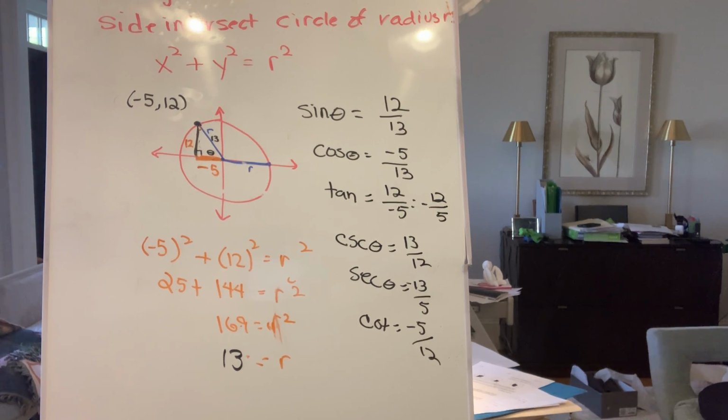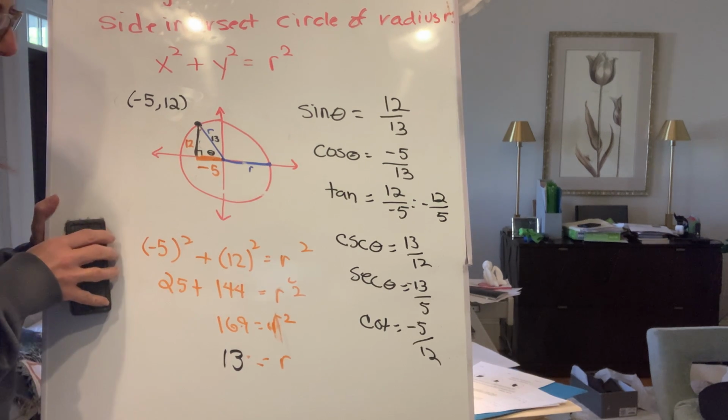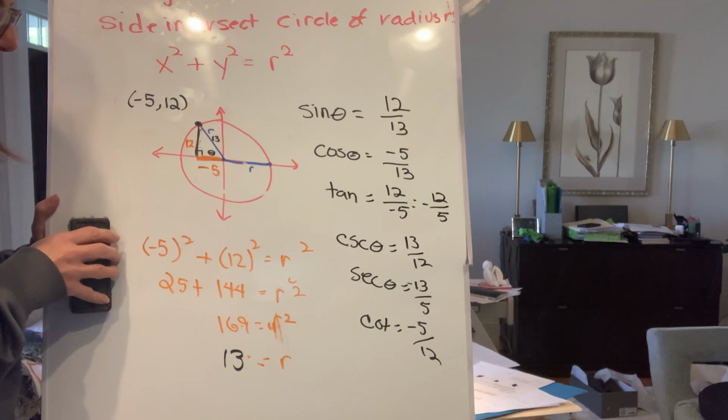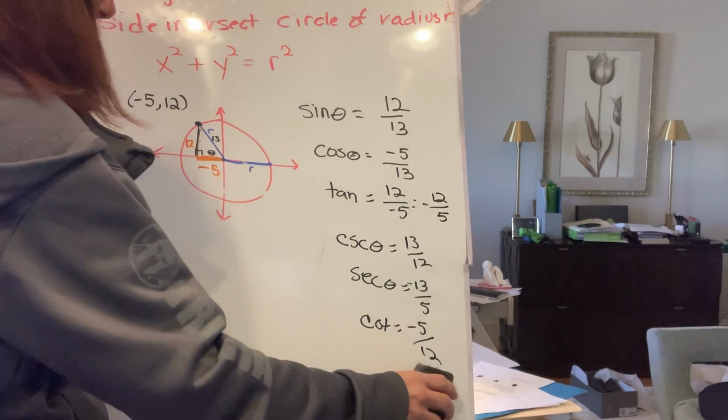All right, so that's how we can use the unit circle to find the trig functions of an angle given its initial side on the x-axis. All right, so we want to do a few more examples. We're going to do the point 4, -3. That one is on your review sheet.